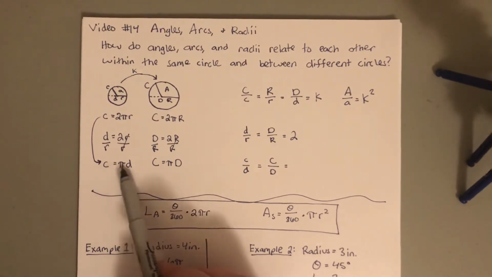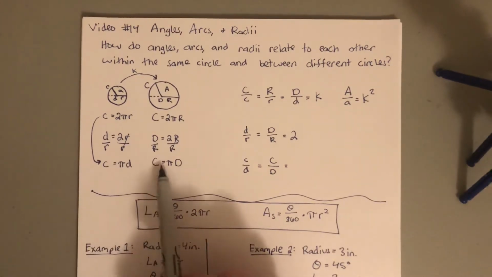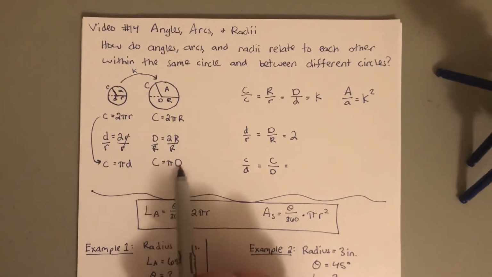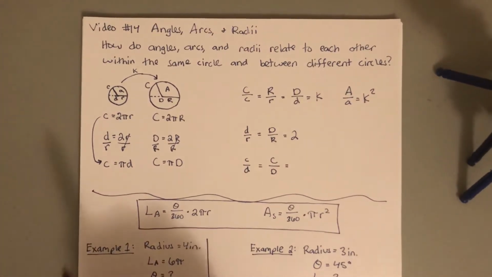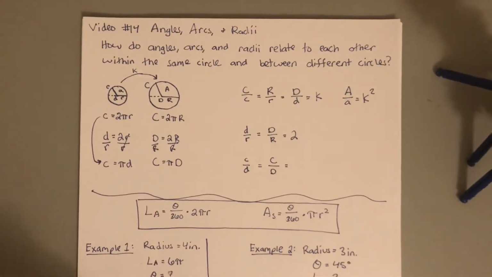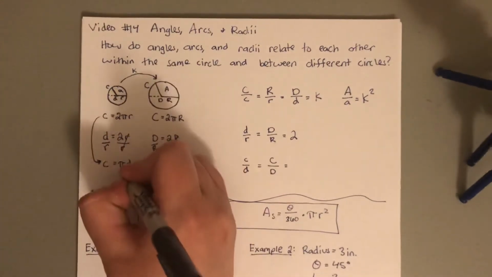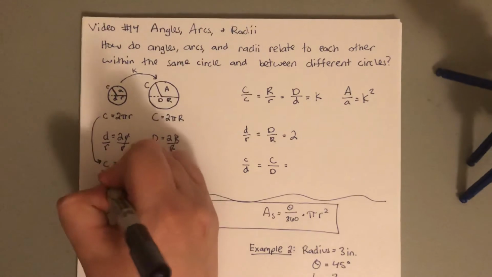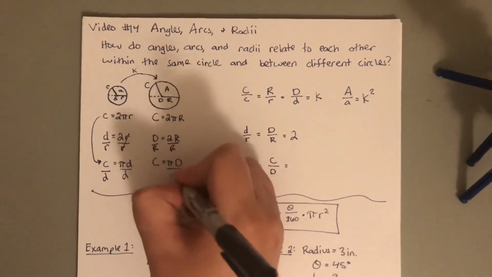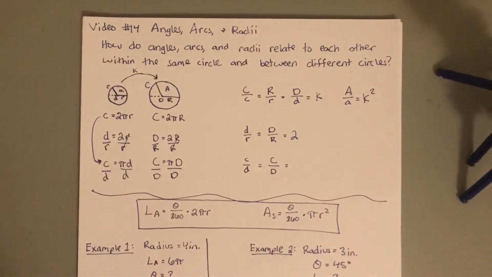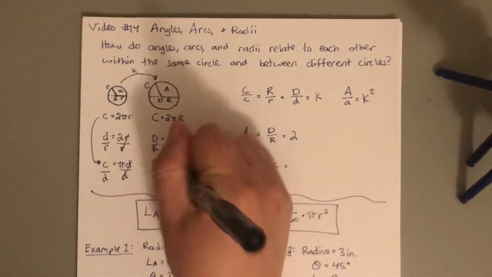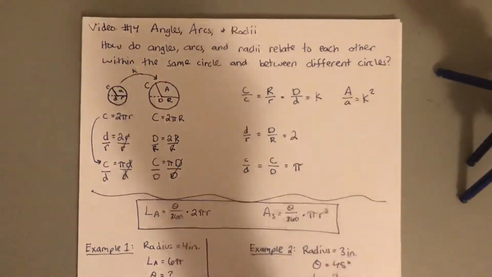So circumference equals pi times the diameter, and the circumference of the big circle is pi times the diameter of the big circle. Now, if I want to know the ratio between the circumference and the diameter of every circle, I can just find the ratio of the circumference over the diameter, and I can do that in any size circle, little or big or whatever size, and it's always going to end up being pi.